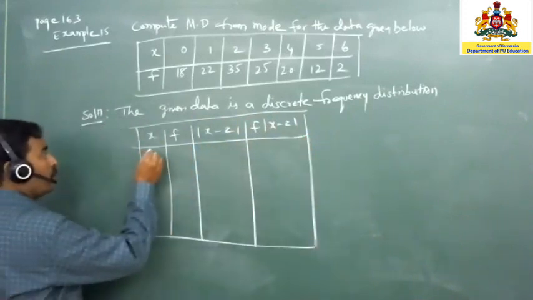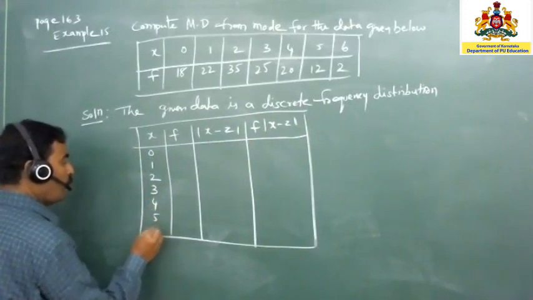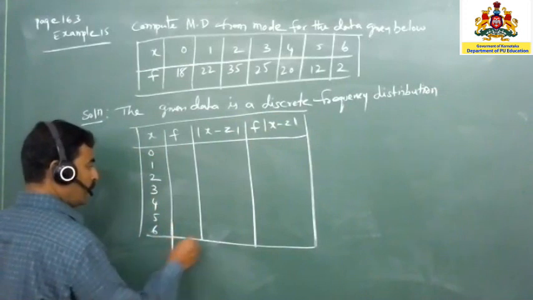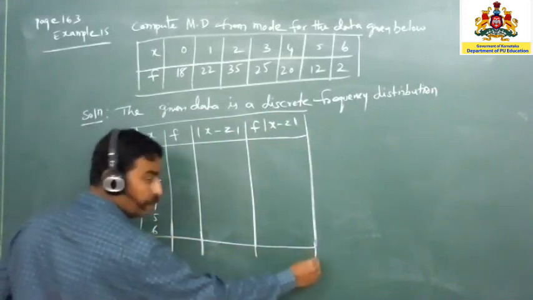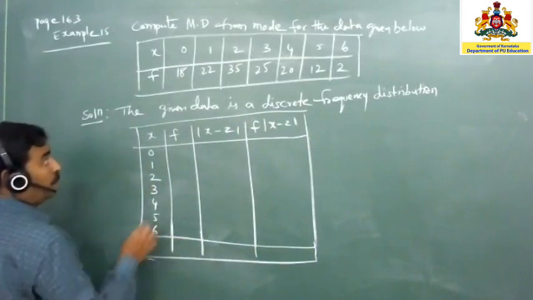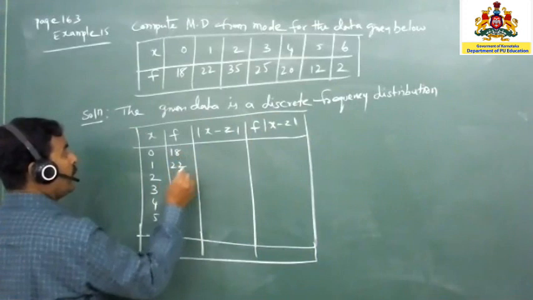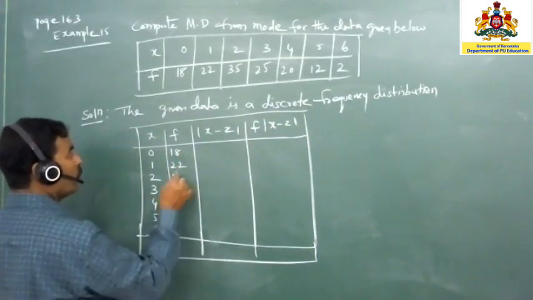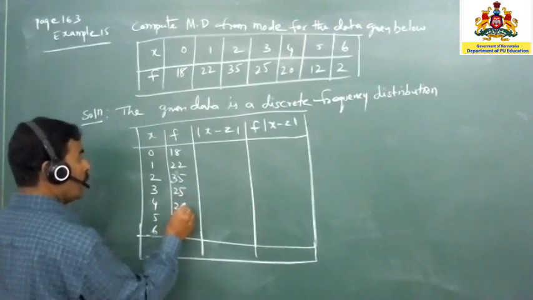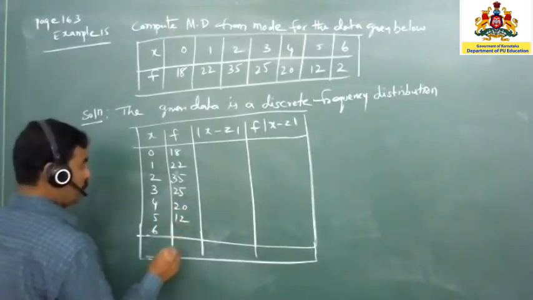X values 0, 1, 2, 3, 4, 5, 6 and frequencies 18, 22, 35, 25, 20, 12, 2.